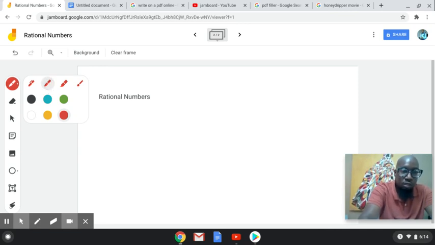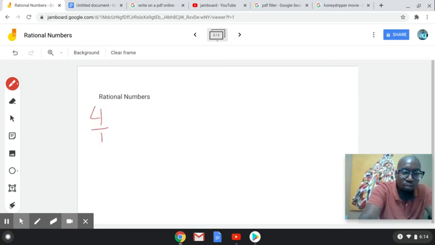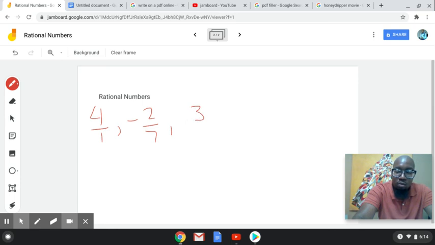So we have things such as 4 over 1. We have negative 2 over 7. If I write the number 3, I can write that as 6 over 2. It's a rational number.